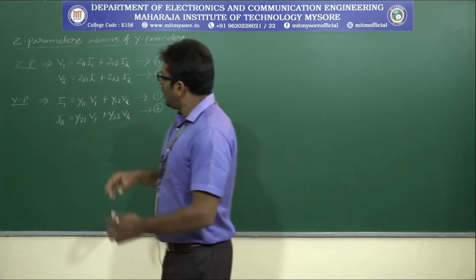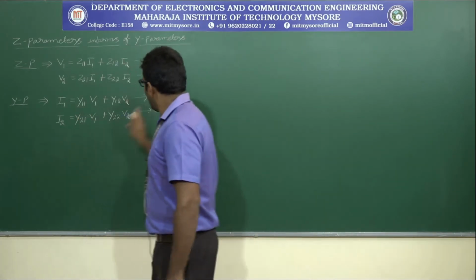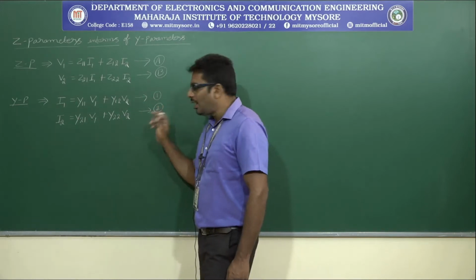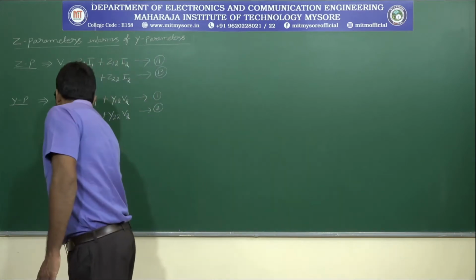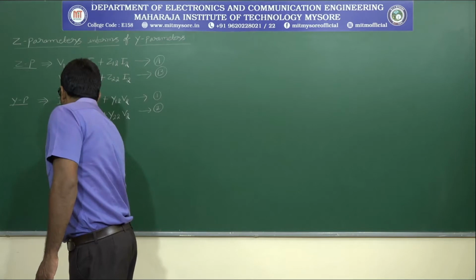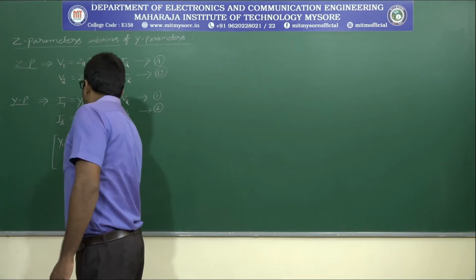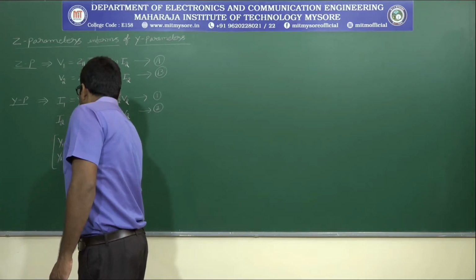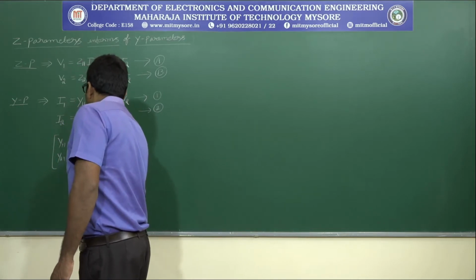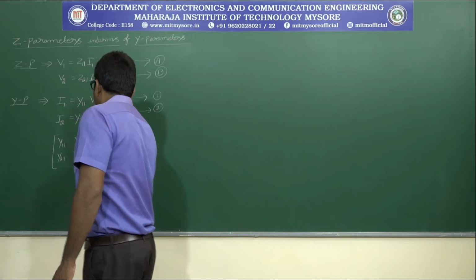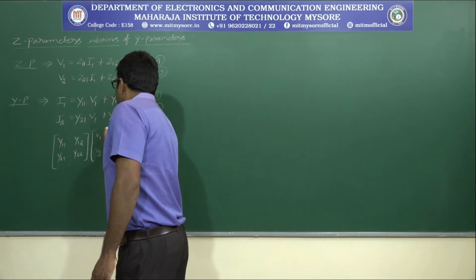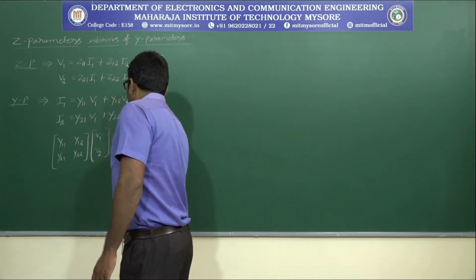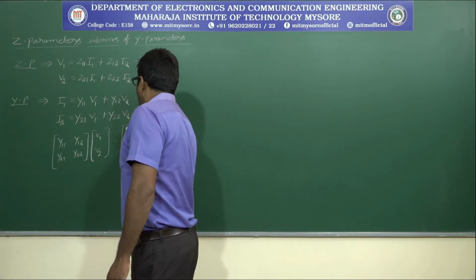First, let me write equations 1 and 2 in matrix form. First Y11, Y12, next Y21, Y22, times the variables V1, V2, is equal to the currents I1, I2.